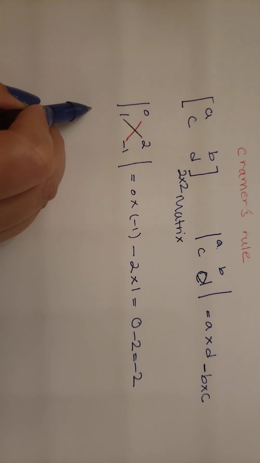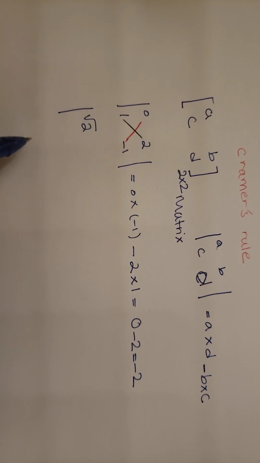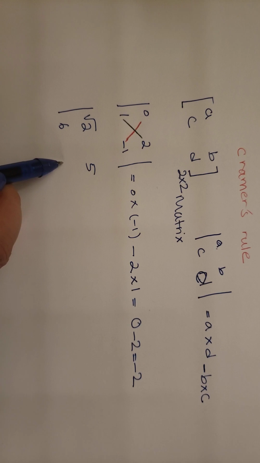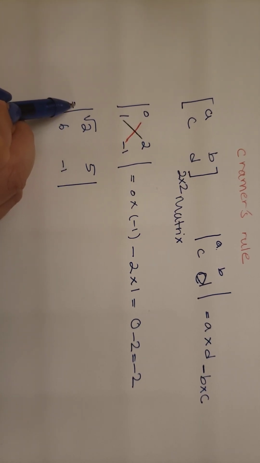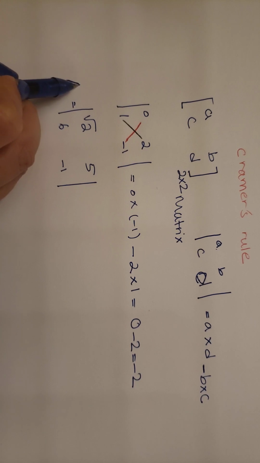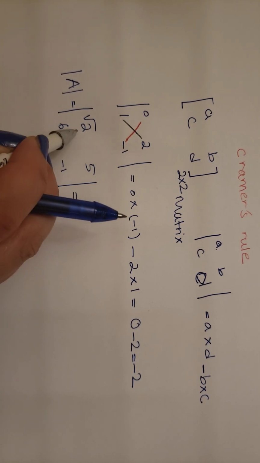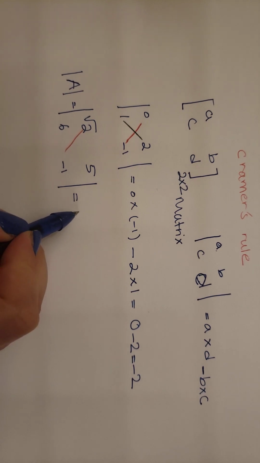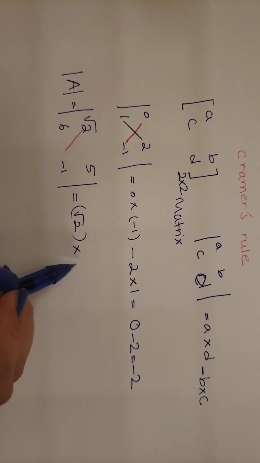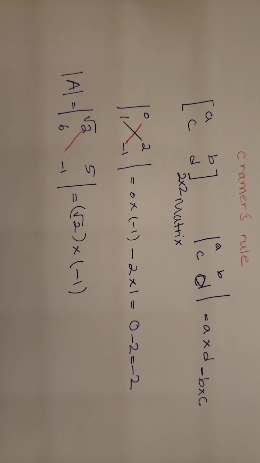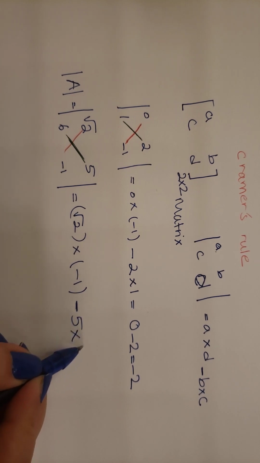Okay, so let's do one more. It could be radical 2, 5, 6, -1. And this is how we show it, the determinant of A. If you want to calculate it, we multiply radical 2 by -1, and then subtract these two numbers, 5 times 6.